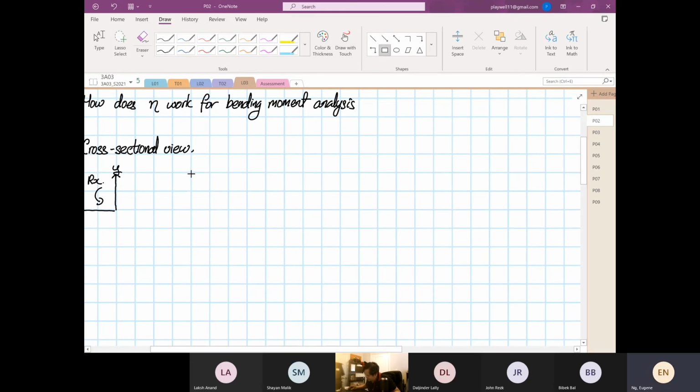okay, so we have a material like this. Okay, so I'm going to divide this. So this is steel.